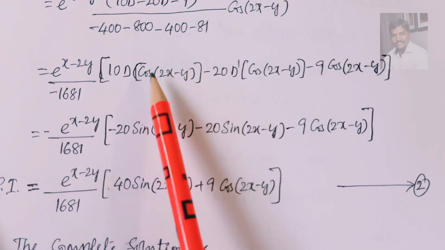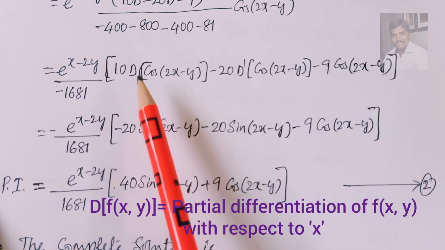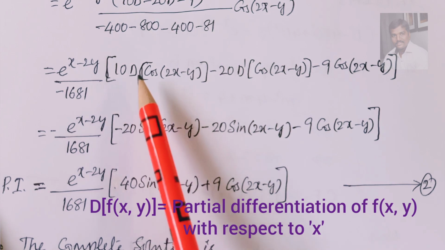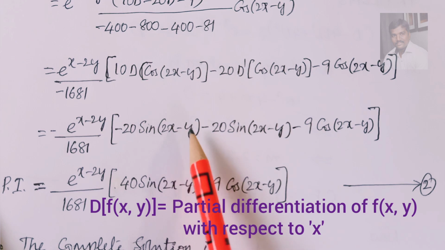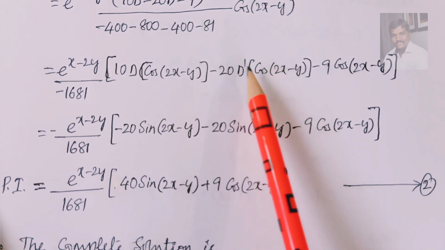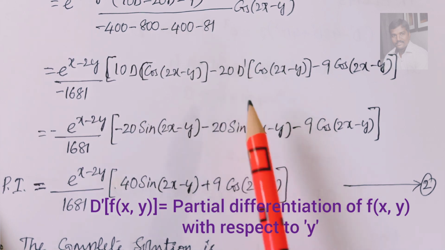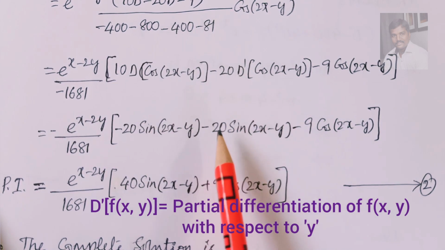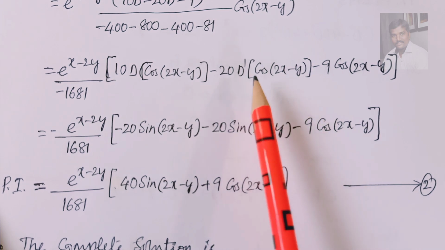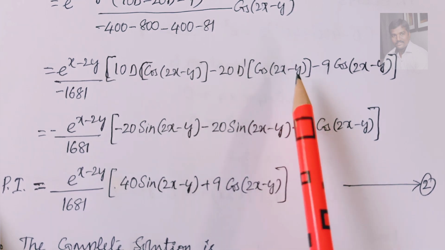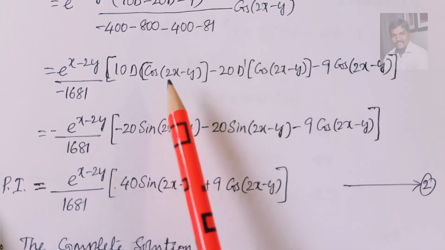D of cos means, we know that capital D is ∂/∂x, so differentiate with respect to x. There you get −20 sin(2x − y), and D' means differentiation with respect to y. D'(cos(2x − y)) is −sin(2x − y) times the inner derivative −1.